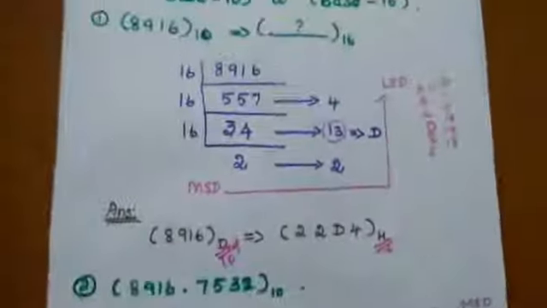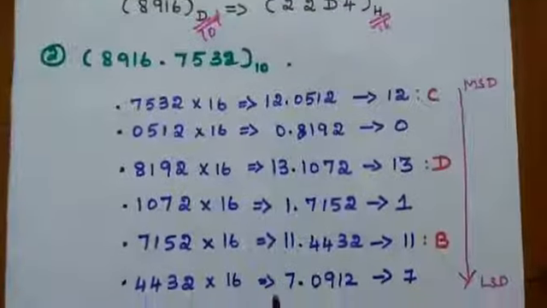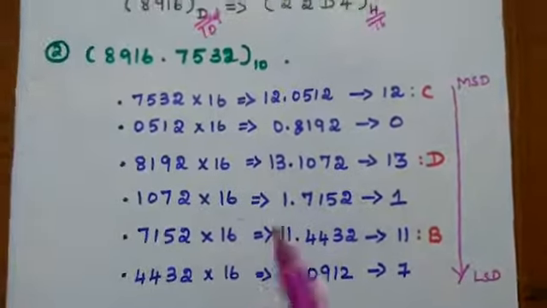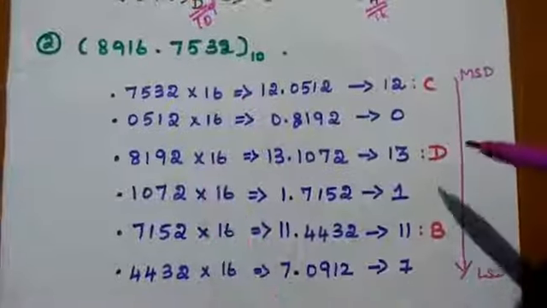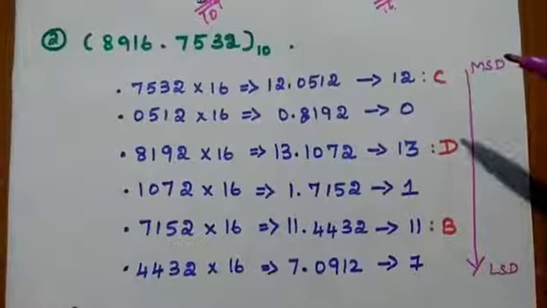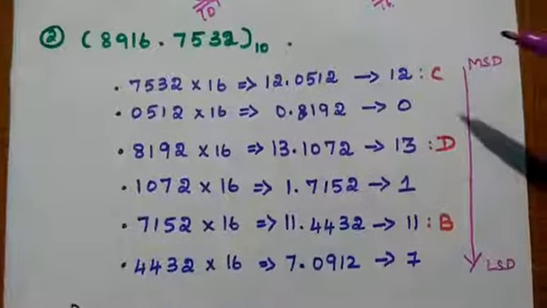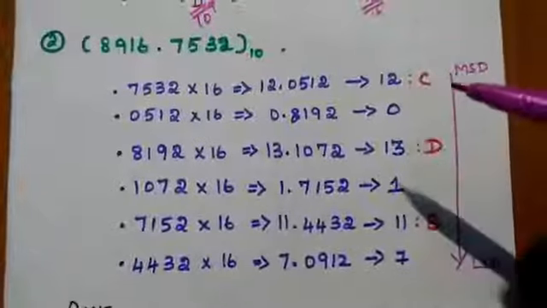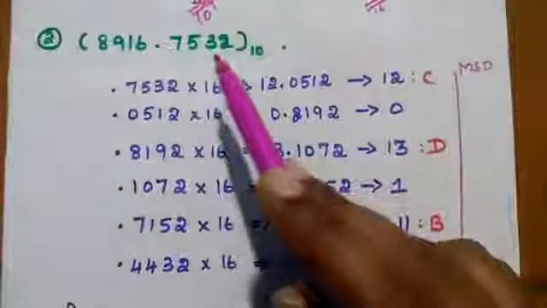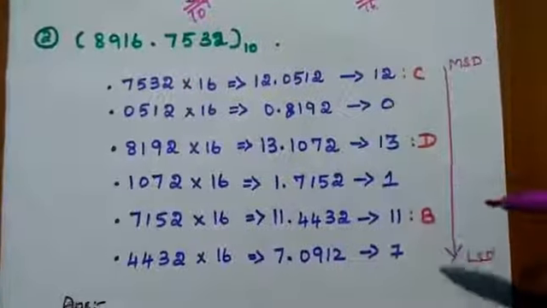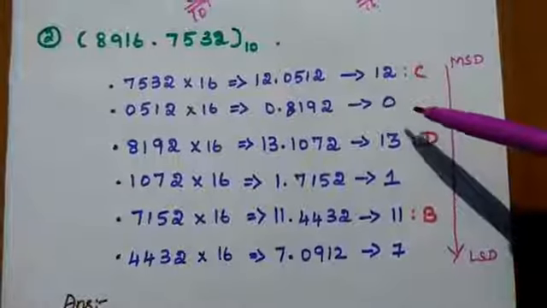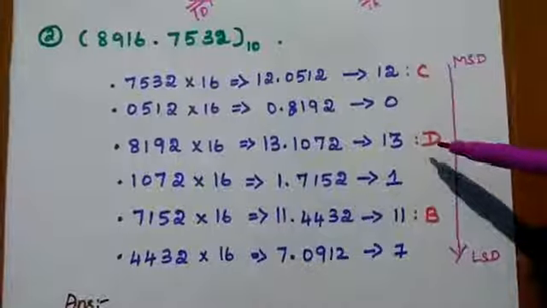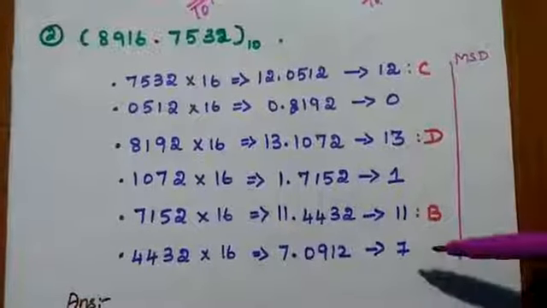Okay. So this is for the integer value. If the fractional part is coming, again we have to multiply the fractional part by 16, the same way as the previous conversions. So we can get the conversion of 0.7532 into hexadecimal as C0D1B7.